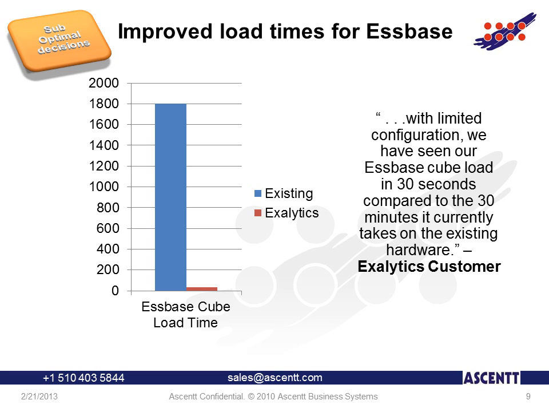And the results are amazing. You can see that originally it was taking 30 minutes to load the Essbase cube, and that's been reduced to 30 seconds. Now, I will admit this is not an apples to apples comparison, but the consensus of the client was that Exalytics would still outperform any commodity hardware that was sized the same as Exalytics, purely because the solution has been engineered for performance.